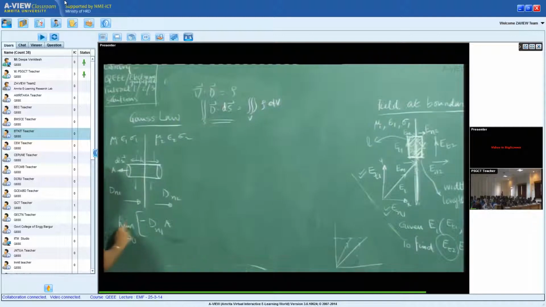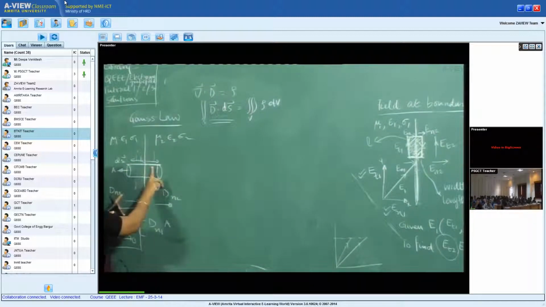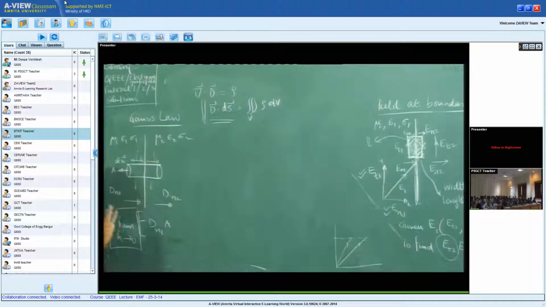I'm writing it out only in the case of dt2 times this area, which would have an h, which would cancel out anyway when I am tending h to 0. I am not writing that. What about this one? This won't go to 0 when h goes to 0. And what is the direction of the surface normal here?